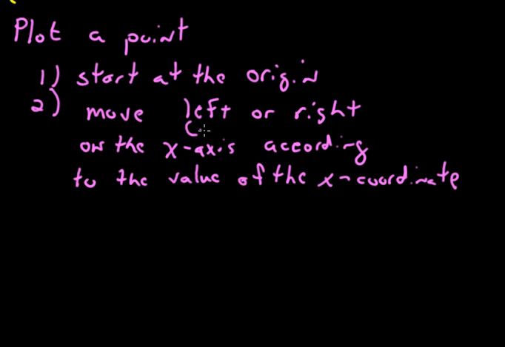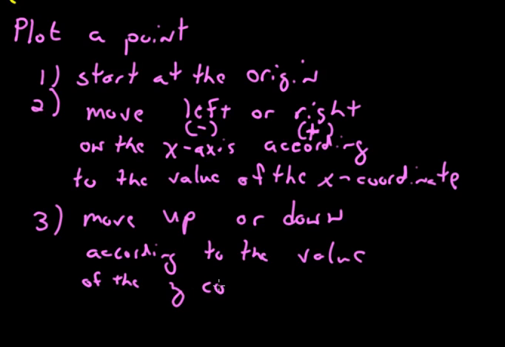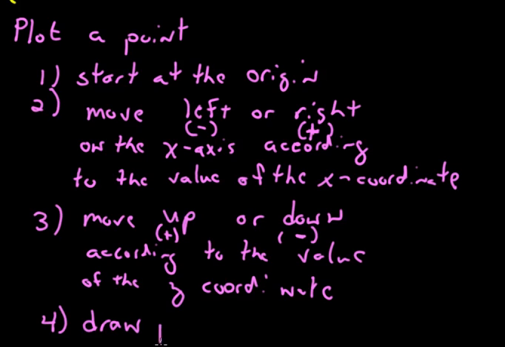And the left is negative and the right is positive. Then move up or down according to the value of the y-coordinate. Up is positive and down is negative. And the place you end up is, draw your point.